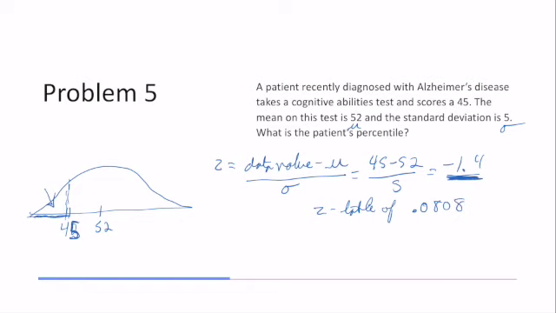That tells me the area over here is 0.0808. That's the area less than 45 in our normal curve. So this is going to mark the 8th percentile, or 8%, right? 8% of patients scored less than a 45, so 45 marks the 8th percentile.